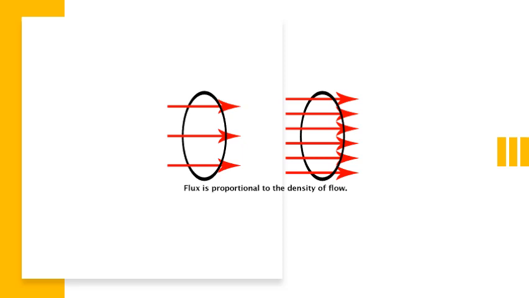In the same virtual surface, more lines are passing through the second. So in the same area, the flux is more for the second than the first. Here the flux is more.